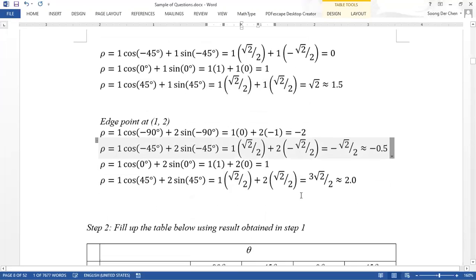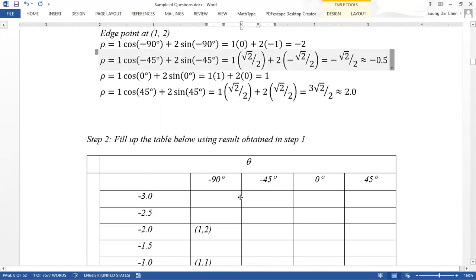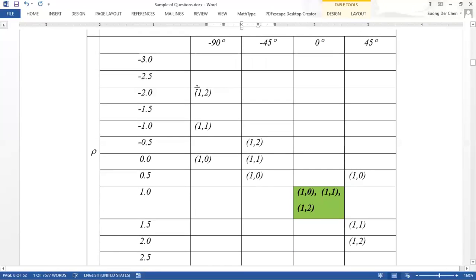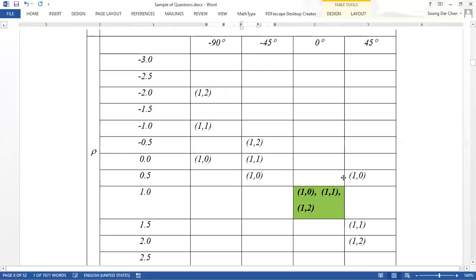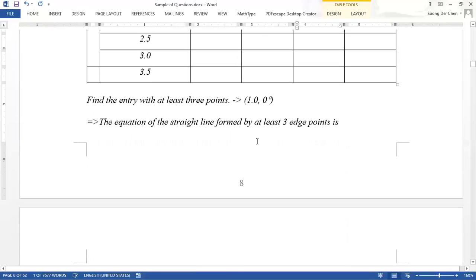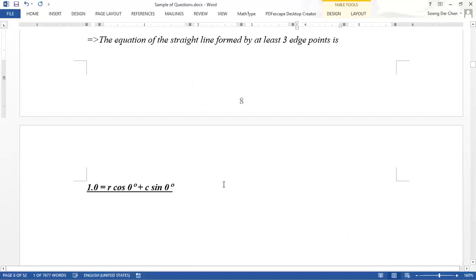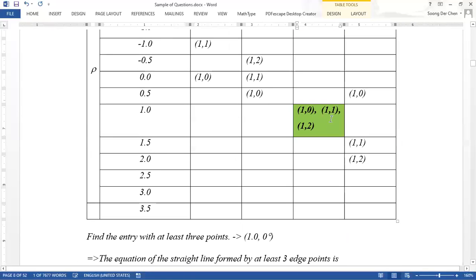Then again, you try to compile them into one big table. So again, eventually you will find that this particular cell, which represents the line equation, 1 equals R cos 0 degree plus C sine 0 degree, is the one that passed through at least 3 H points.